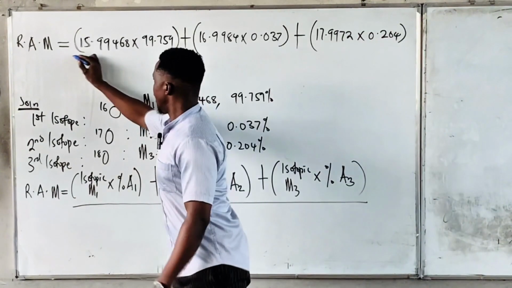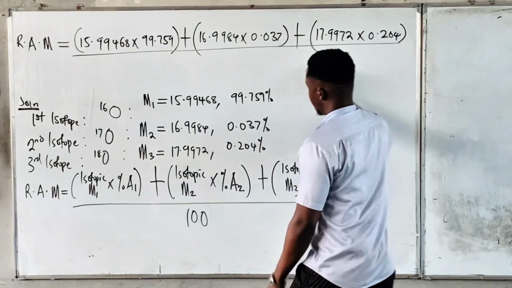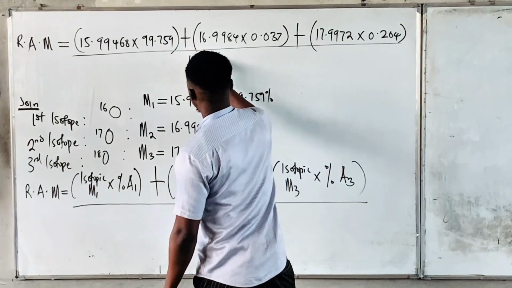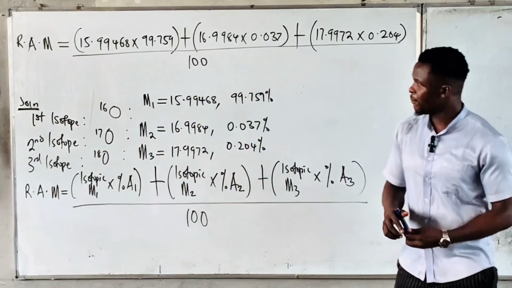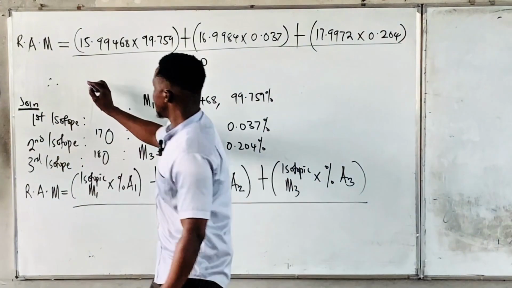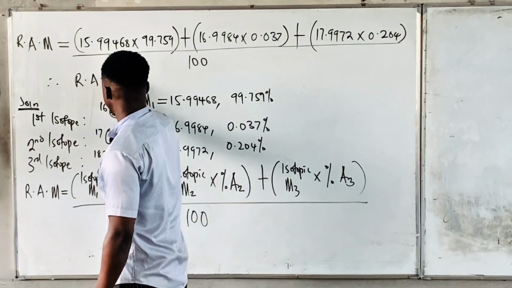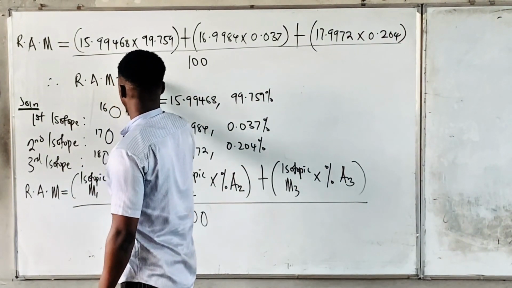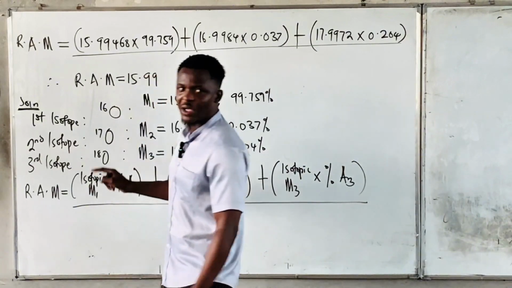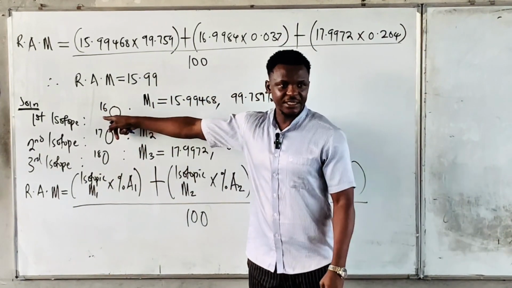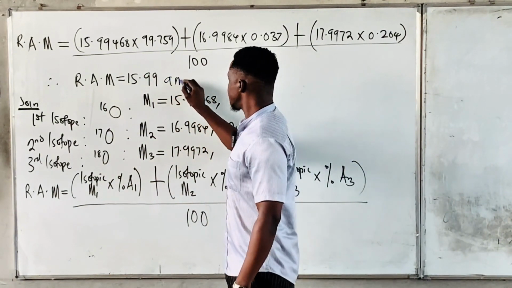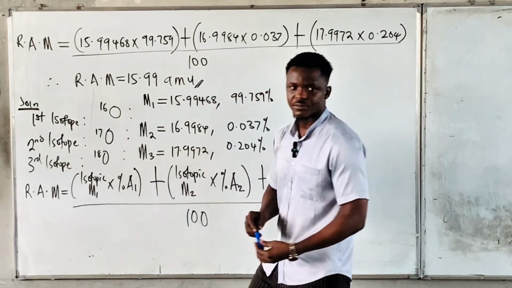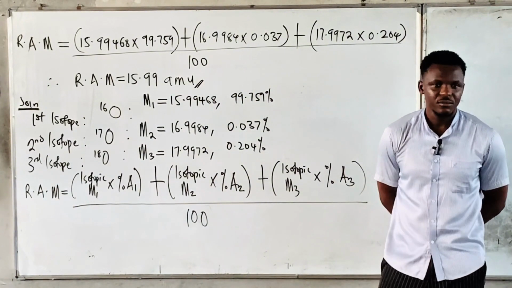Now this is divided by 100. As simple as that. Please, your calculator should help us out here. So this one's relative atomic mass is 15.99, so that when you approximate it, it will give you 16 AMU. That is that.